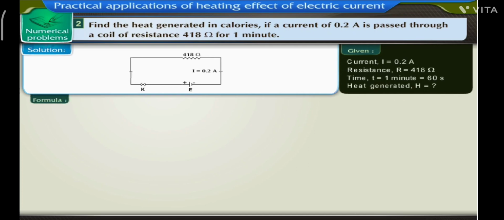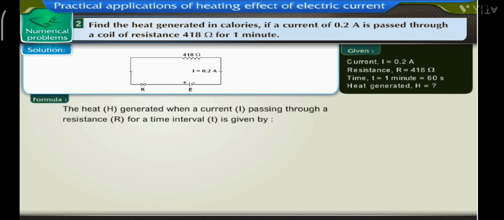According to Joule's law, the heat H generated because of the current I passing through a resistance R for a time interval T is given by H is equal to I squared RT divided by 4.18 calories.